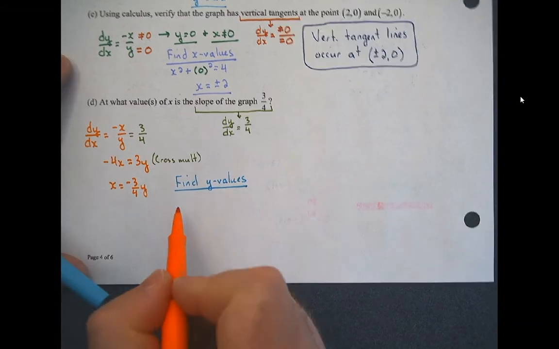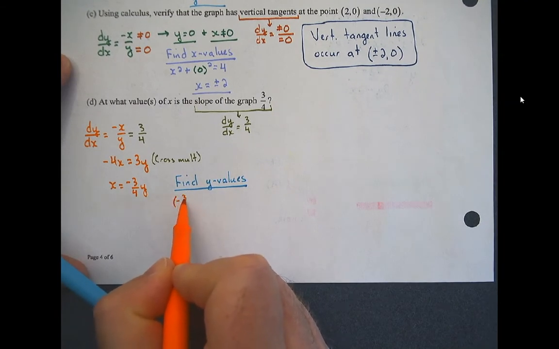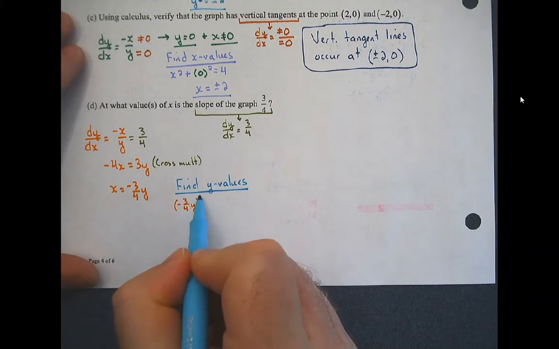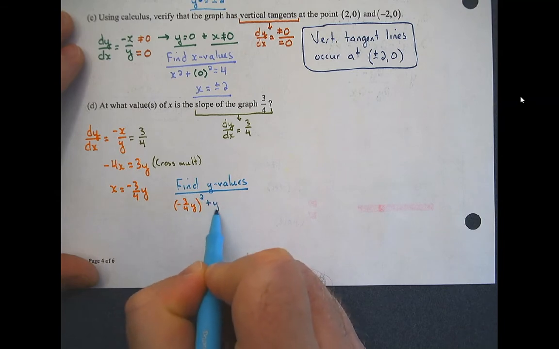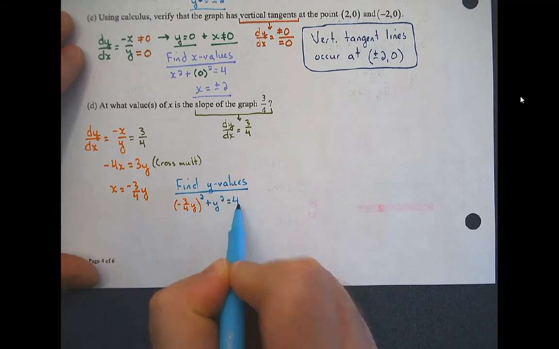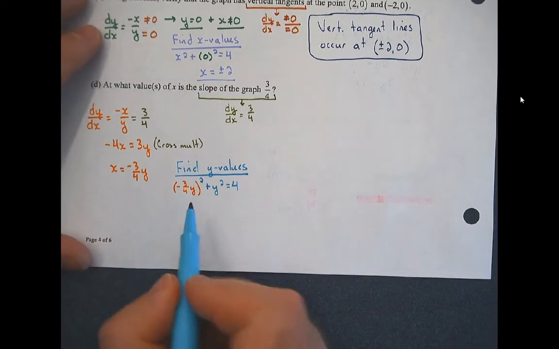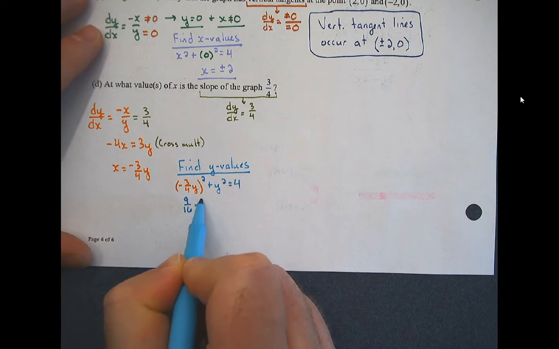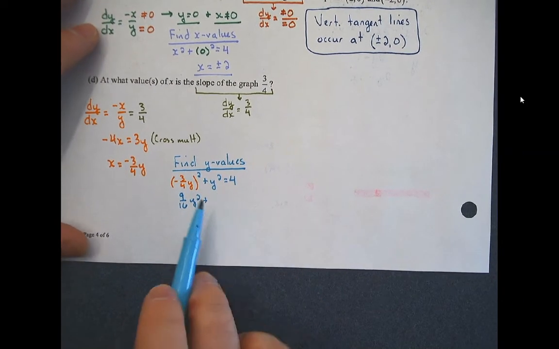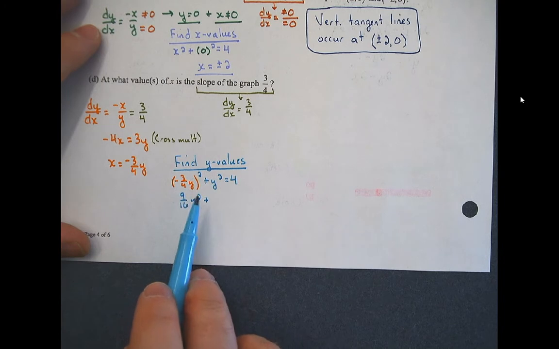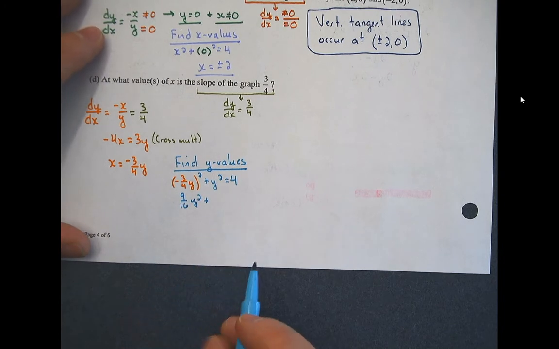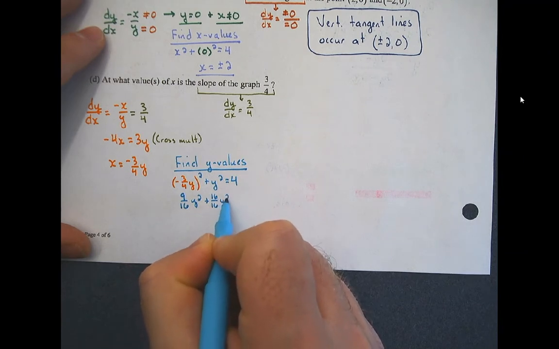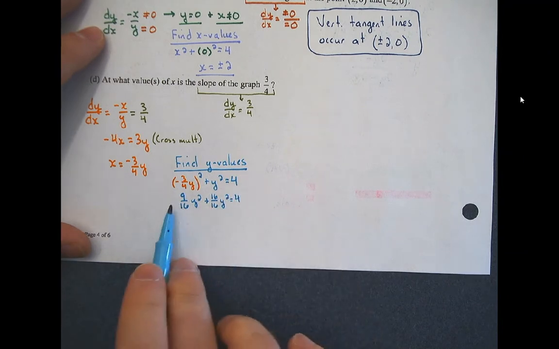So x squared would become negative 3/4 y, squared, plus y squared equals 4. I'm going to square the top and the bottom, so that would be 9/16 y squared plus, I'm going to get a little proactive here, I'm going to change this into 16/16 y squared equals 4. Because now I can add those together.